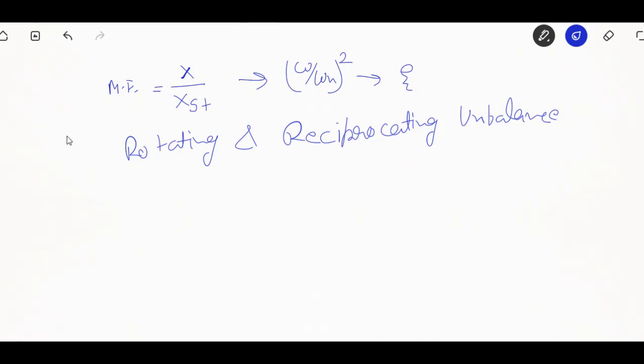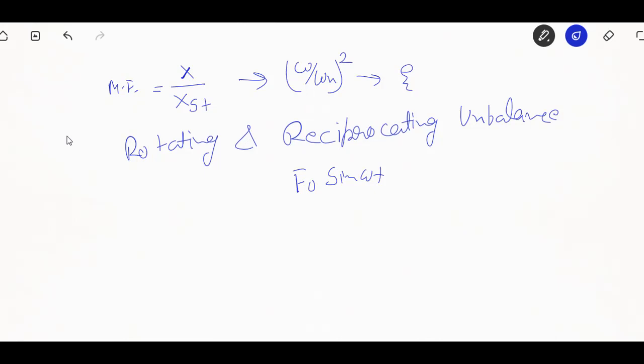The final unbalance is measured in terms of an equivalent mass rotating with its center of gravity at some distance, and the centrifugal force generated because of this rotation is proportional to the square of the frequency of rotation. The centrifugal force at its maximum value causes vibration, and as in the last case, F naught sine omega t, we have this sinusoidal excitation in any direction.